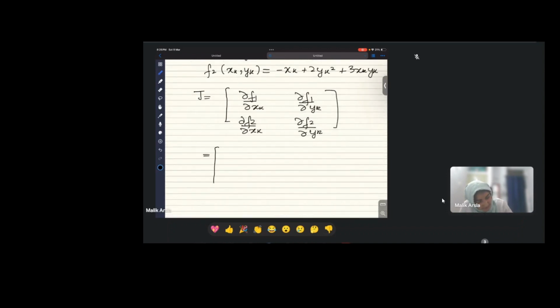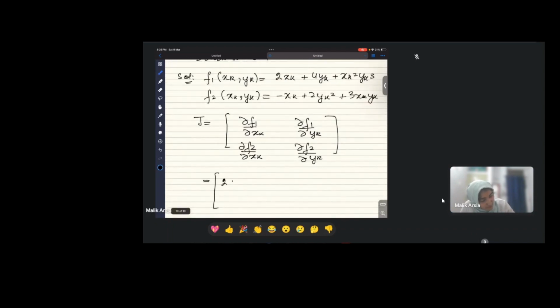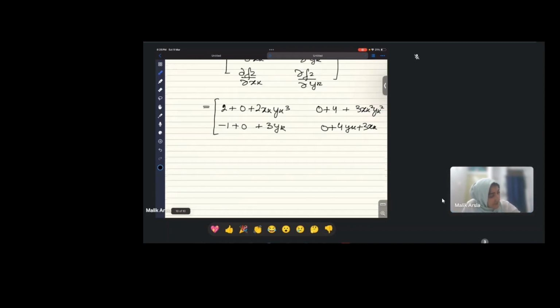Now this we are getting as 2 plus 2x_k y_k cubed, 4 plus 3x_k squared y_k squared, right? This is minus 1 plus 3y_k, and this is 4y_k plus 3x_k.